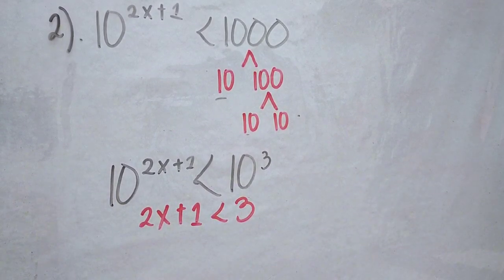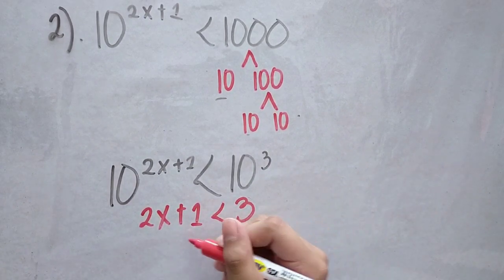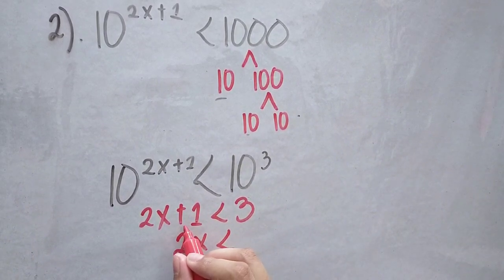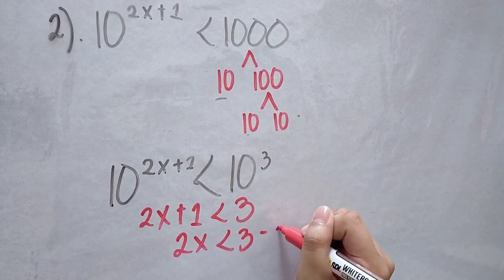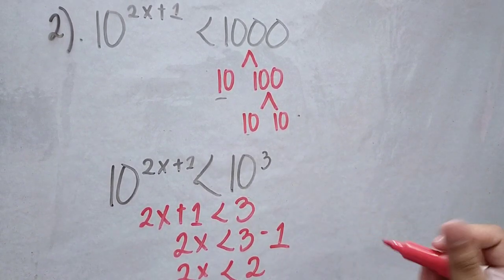So, transpose natin yung 1, that will become negative. So, negative 1 plus 3 is equals to 2. Again, transpose natin to para maiwan si 2x. Ngayon, copy na lang natin ulit. And guess what? We already have an answer.